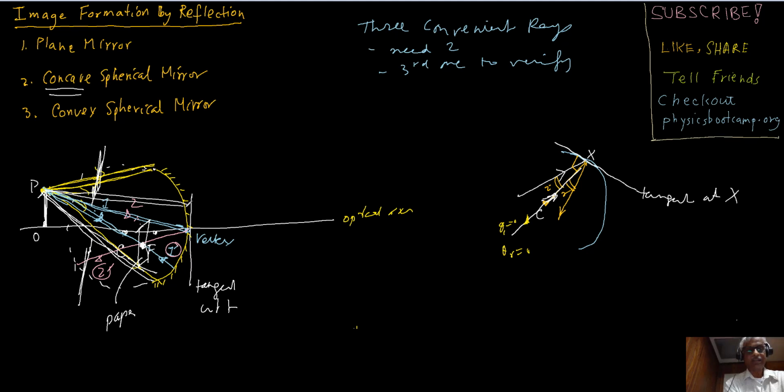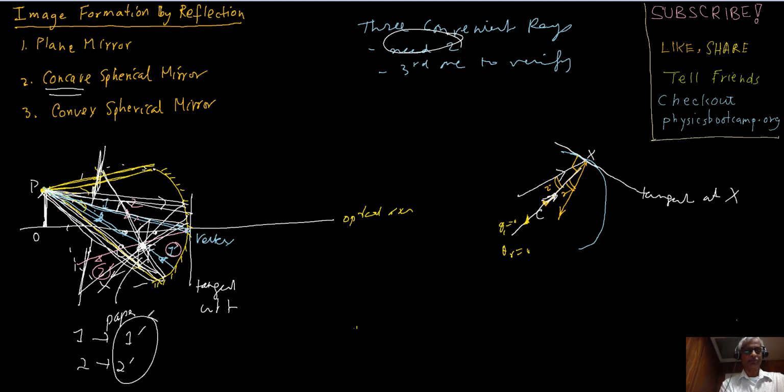As long as any ray comes in here, all of them will go through that same point. That's the meaning of image. Every single one of them is going to go through that same point. But to get them, I just needed two rays: 1 to 1 prime, and 2 to 2 prime, and figure out where 1 prime and 2 prime meet, and that's where the image will be.